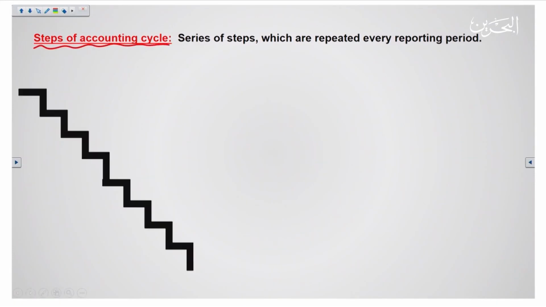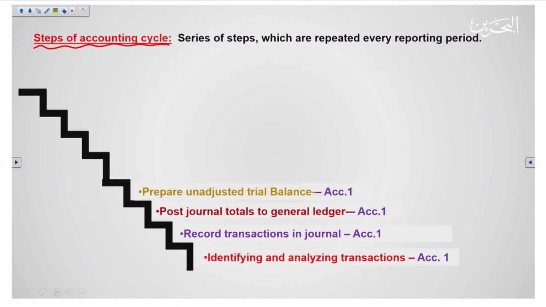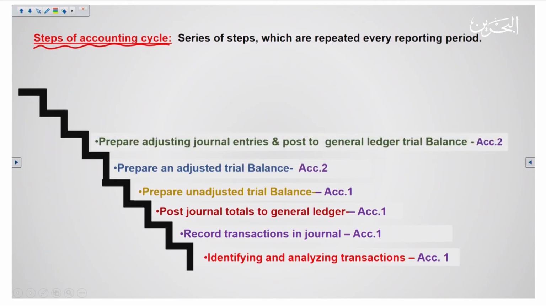We are going to learn identifying and analyzing transactions in Accounting 1, recording transactions in the journal in Accounting 1, posting journal totals to the ledgers in Accounting 1, preparing the unadjusted trial balance in Accounting 1 as well, preparing adjusting journal entries and posting to the general ledger in Accounting 2, preparing the adjusted trial balance in Accounting 2. We will prepare financial statements in Accounting 1. These are the lessons that we were talking about.